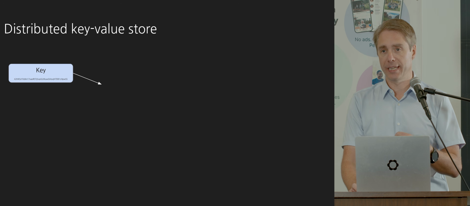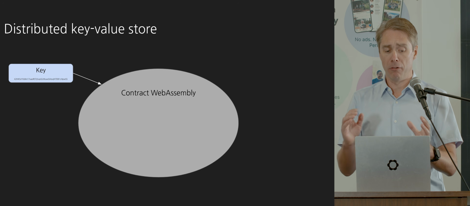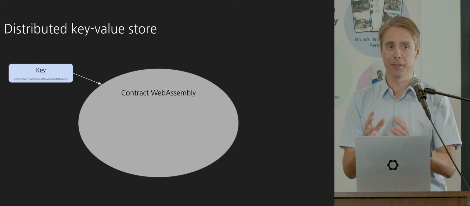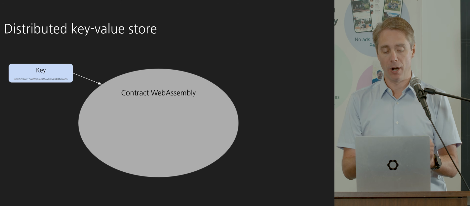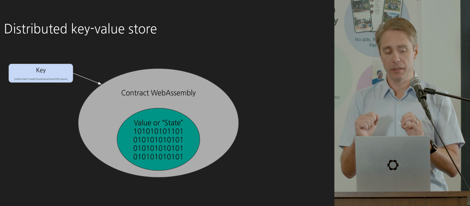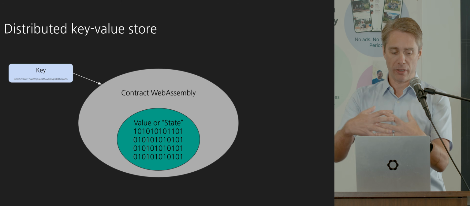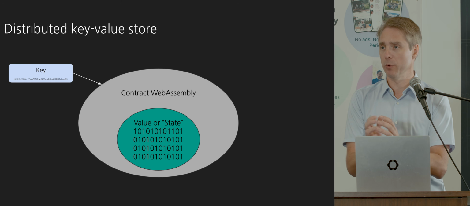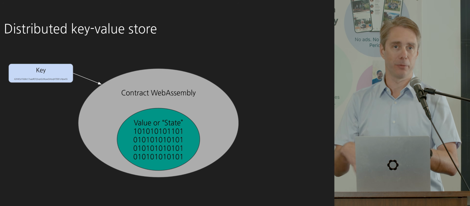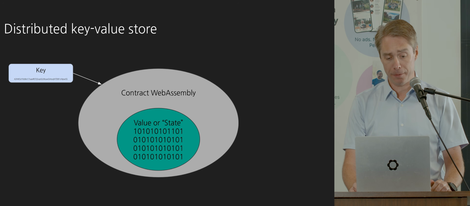With Freenet, the key is a Blake3 hash of some WebAssembly code. This is probably the most unique property of Freenet, where this WebAssembly code wraps a value or some state, which is just arbitrary data, could be text, could be images, could be a movie, really anything you like.